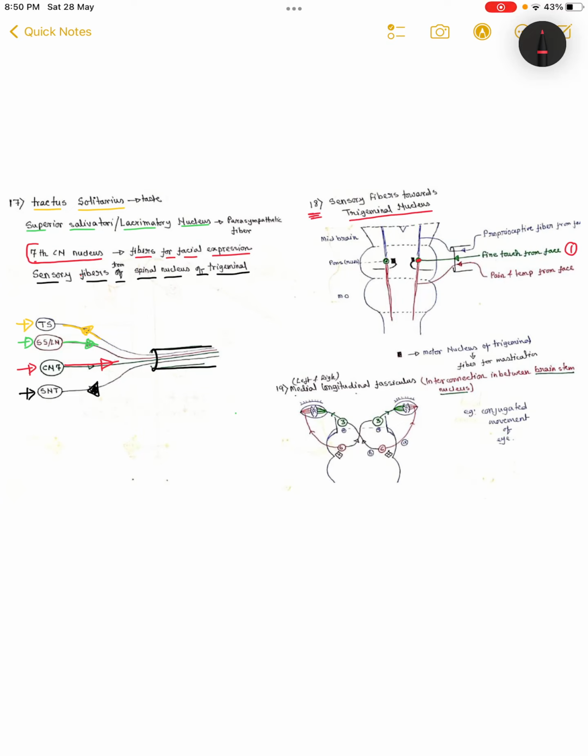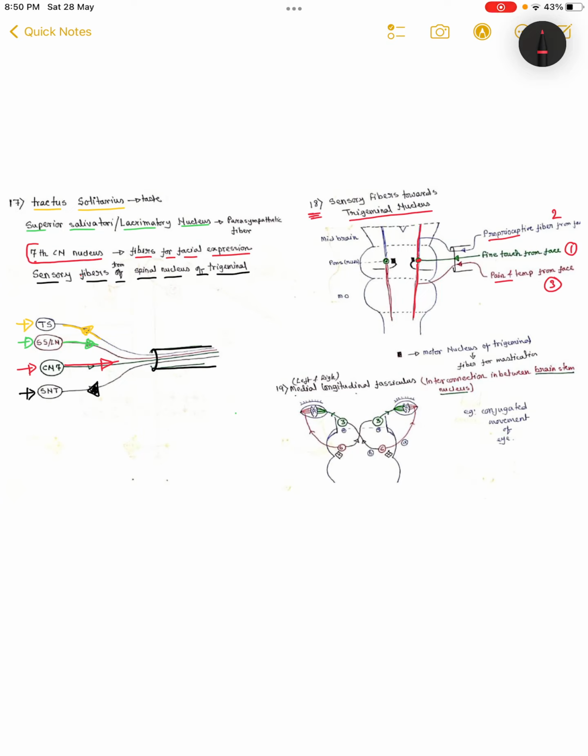Okay, now this is our second, and you see this is going up, and this nucleus is receiving information of proprioception from the face, and this is known as the mesencephalic nucleus of the trigeminal system. Now this third one, you see this part is going downward, and it is receiving fibers for pain and temperature from the face. Claro?